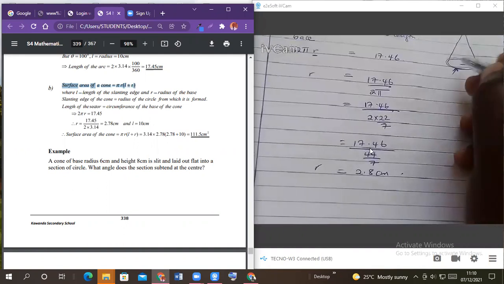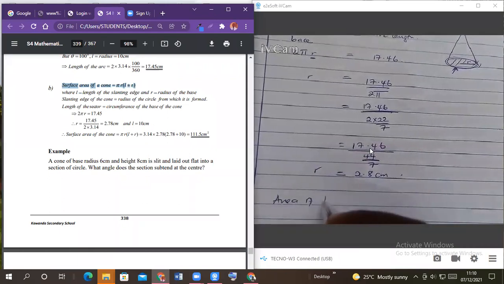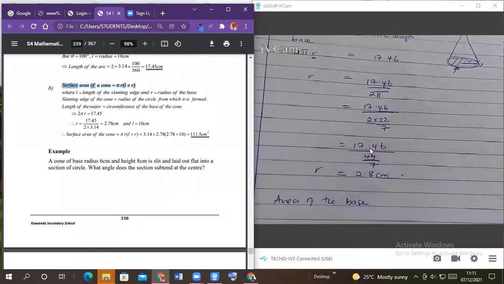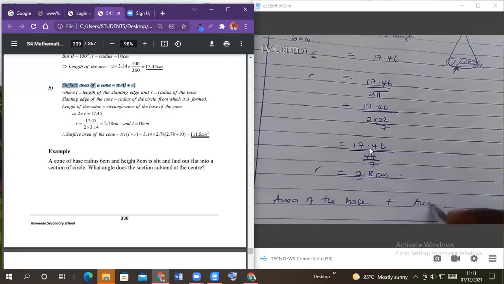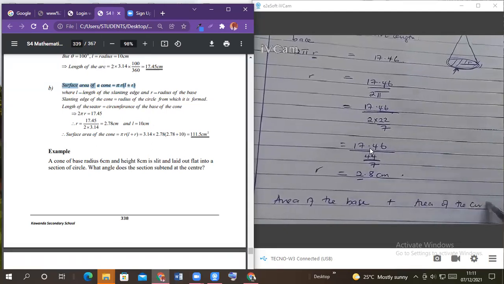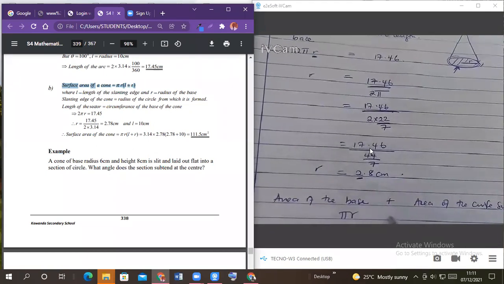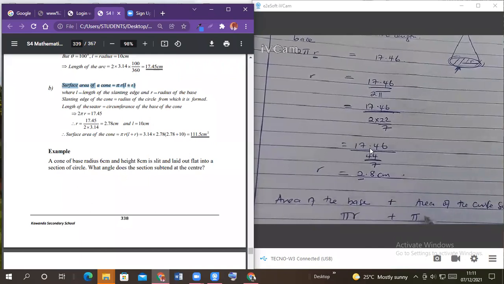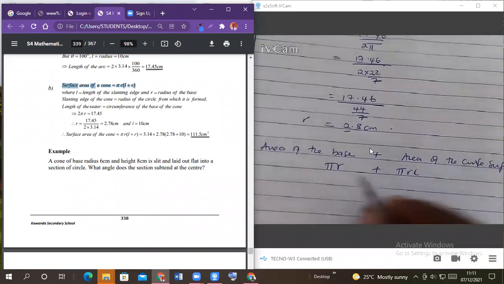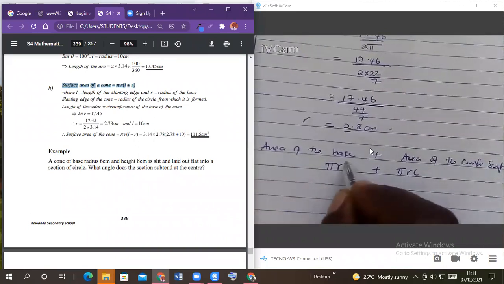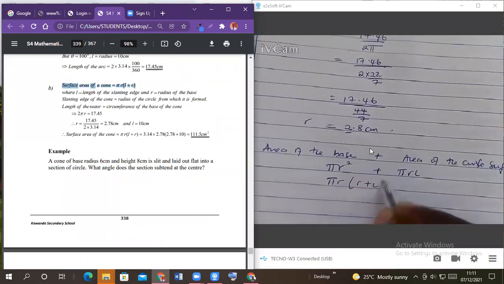So we can now find the area of the base, and we can add it to the area of the curved surface. So the area of the total surface is pi r squared plus pi r l, which is pi r times r plus l.